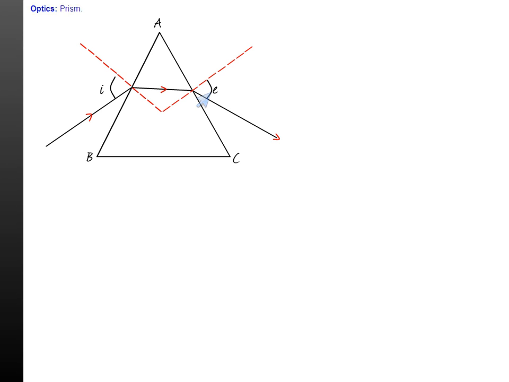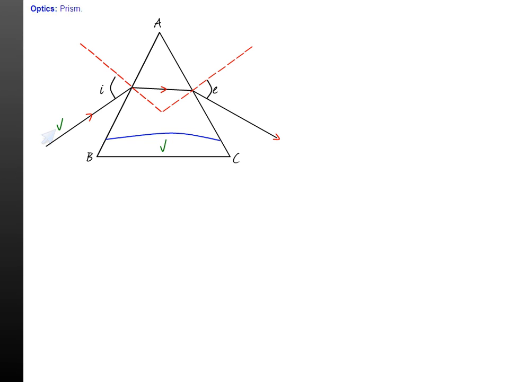Friends, what do you think? What will happen if this part of the prism is broken? Suppose this part does not exist. In that case, do you think this ray will be affected? Well, answer is no.